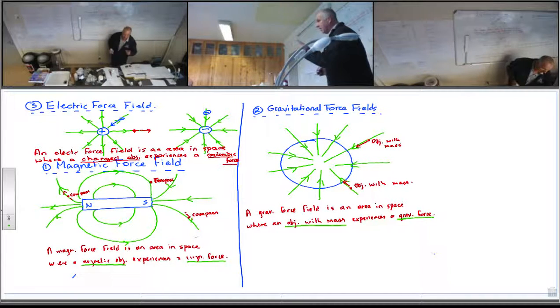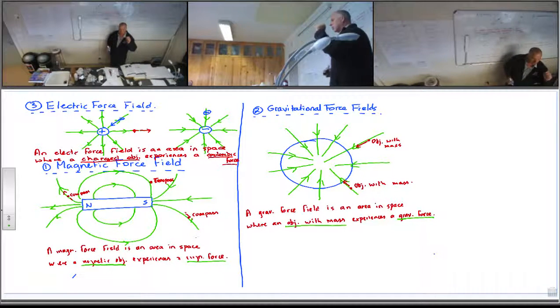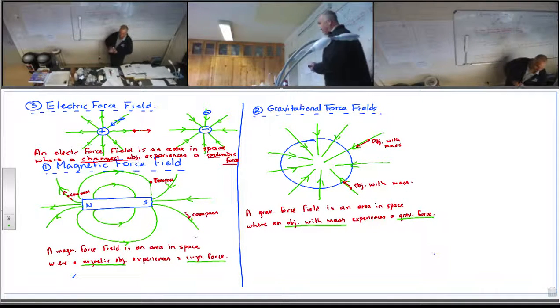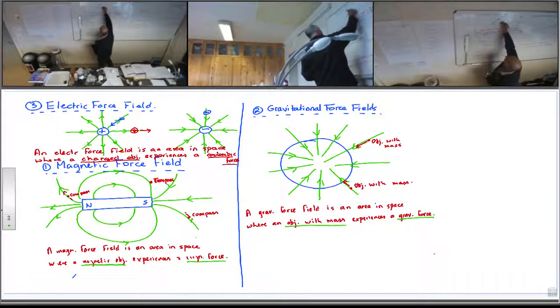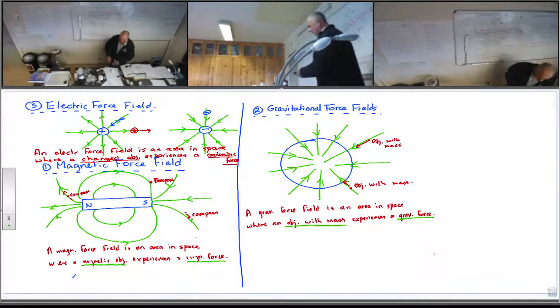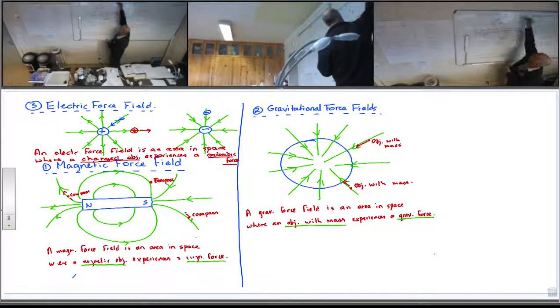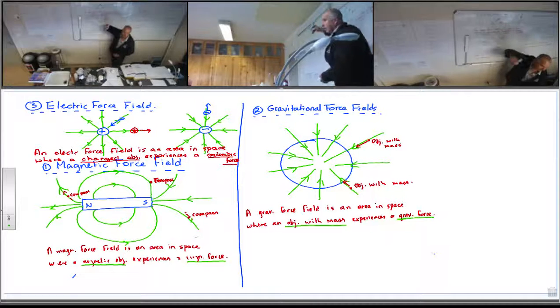What's the rule I said? Negative experiences a force? No. Positive experiences a force with the line. So negative particles will always experience a force against the line. So that negative particle there will go that way. And we know negative repels negative, isn't it?